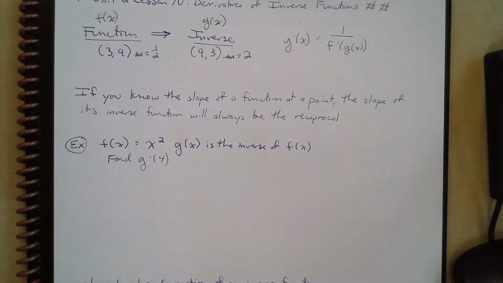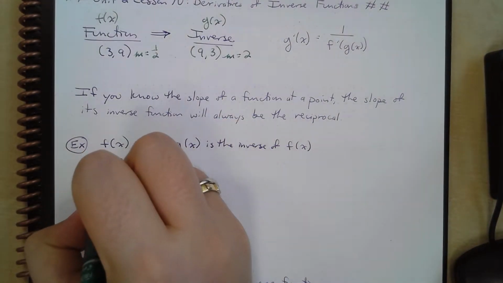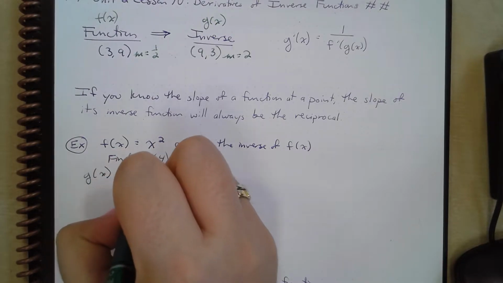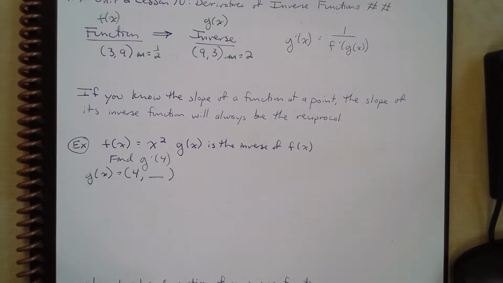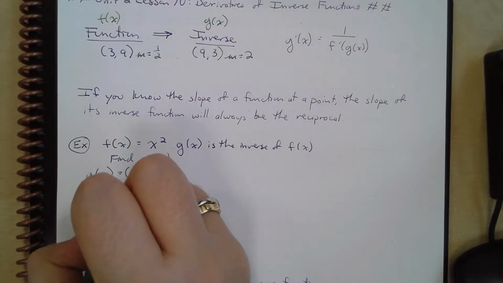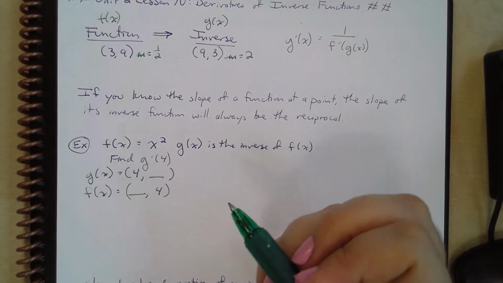So let's find that. We know that g of x has the point (4, something). I don't know what that something is, but I know it exists. And we know that f of x must contain the point (something, 4). At some point, f of x must be equal to 4.